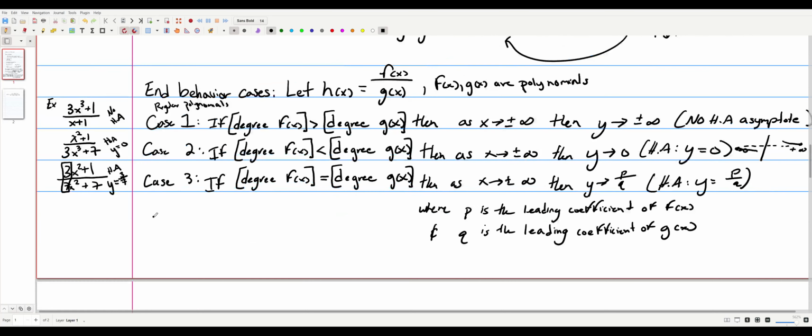Okay? And so how do you figure out end behavior without knowing these tricks? And the answer to that question is by doing long division.